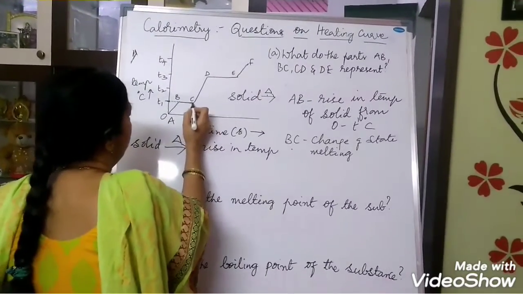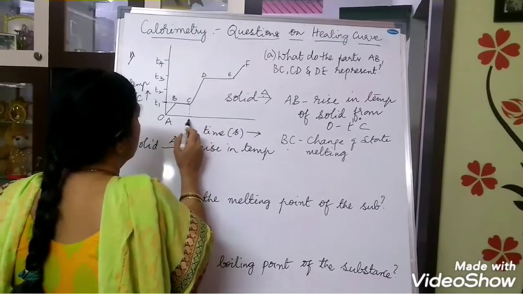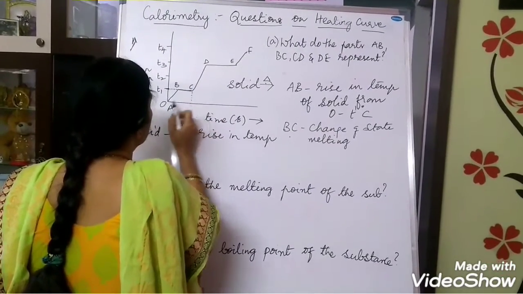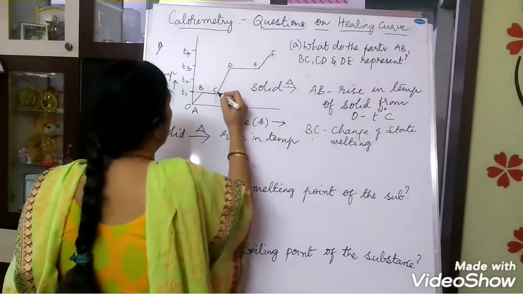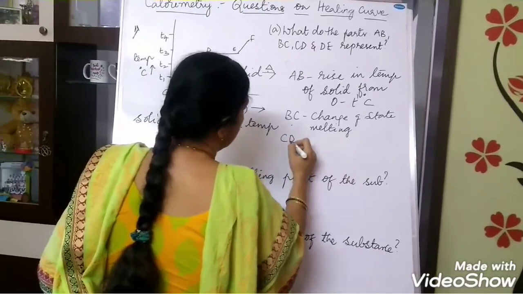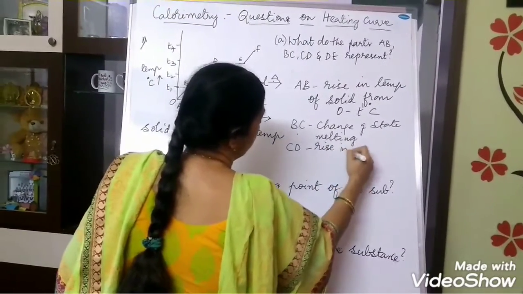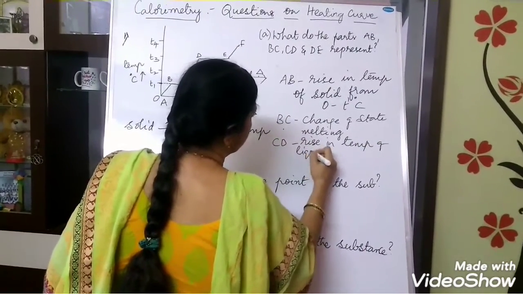Now at this time t seconds, what happens? Again the entire solid has converted to liquid. Again there will be gradual rise in the temperature of the liquid. So if you take part CD, there is rise in temperature of liquid.